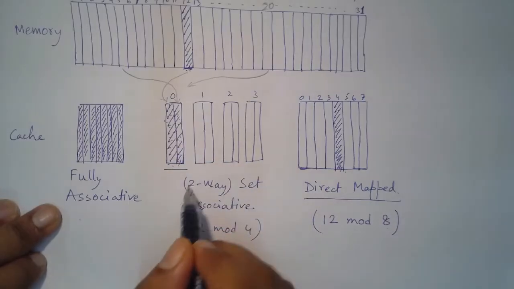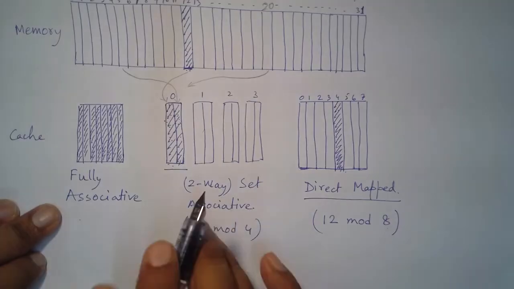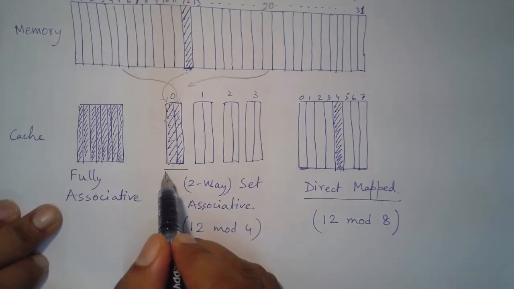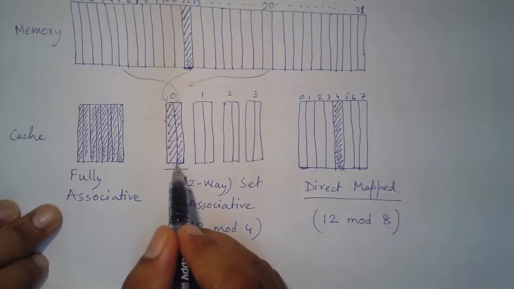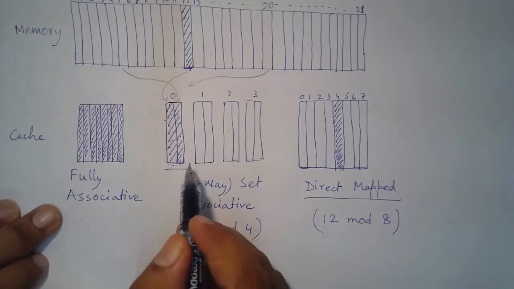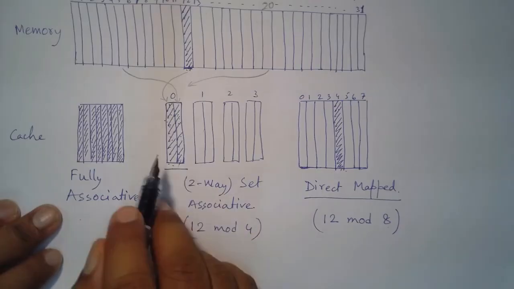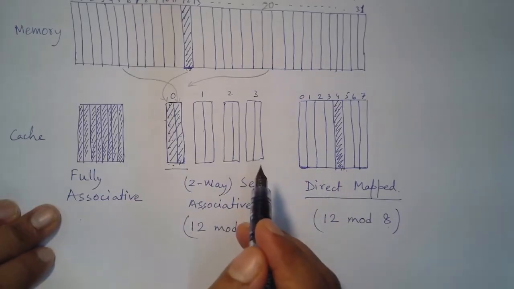So for a two-way set associative cache, it's still not a big deal. I can have a very simple mechanism that whenever I access a block, I set a flag for that block which indicates that this is the most recently used block. So the other block will be the least recently used.